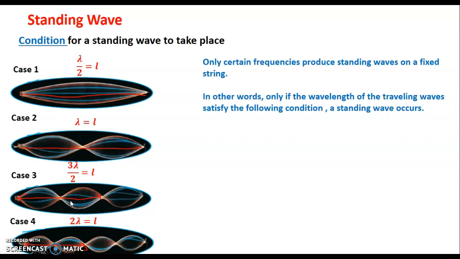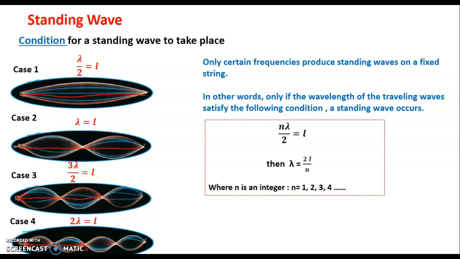Okay, so only certain frequencies produce standing waves on a fixed string. In other words, only if the wavelength of the traveling waves satisfies the following condition does a standing wave occur.